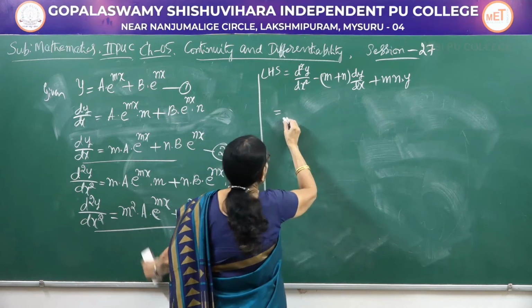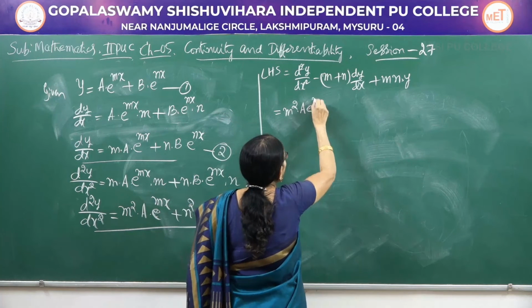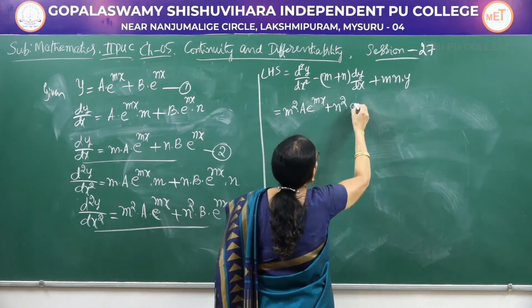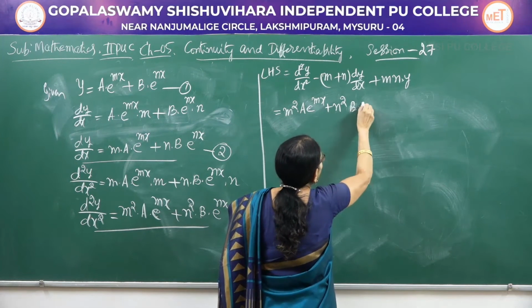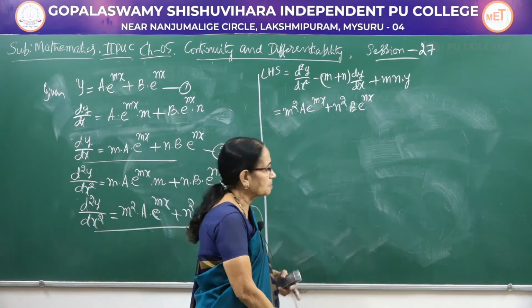Substitute. This is the second derivative: m square into a into e to the power mx plus n square into b into e to the power nx, that is over. Okay, first part.